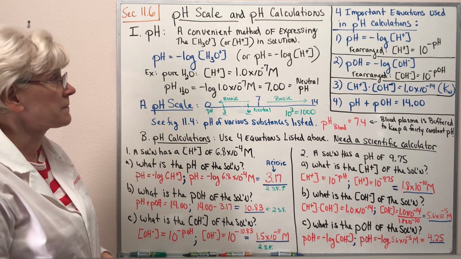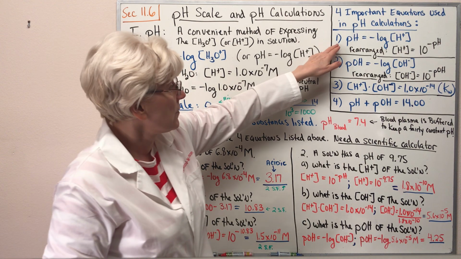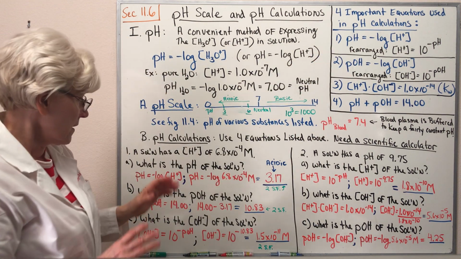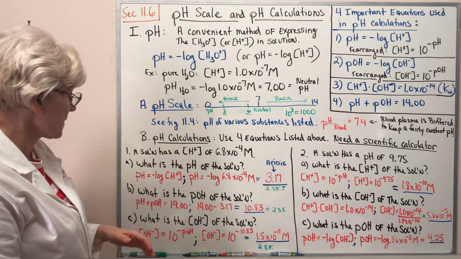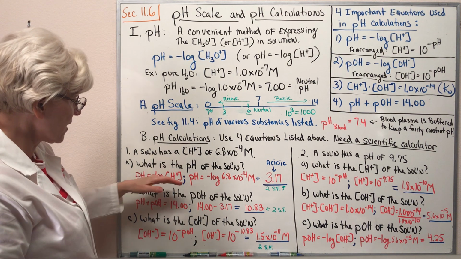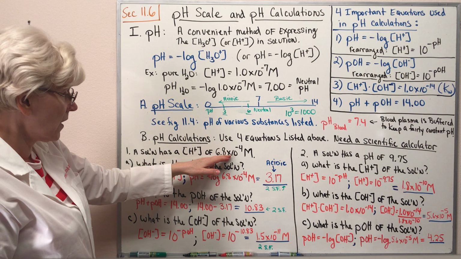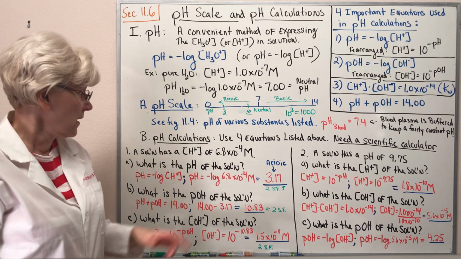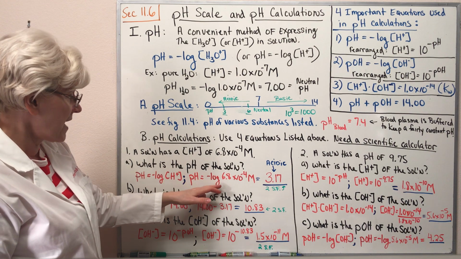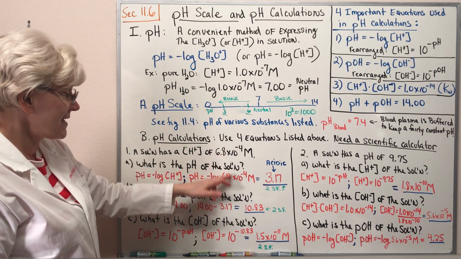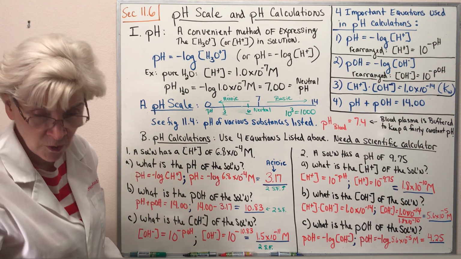First question. Equation number 1 would be very helpful for this part of the calculation. pH is the negative log of the hydrogen or hydronium ion concentration. All we need to do is plug in what the hydrogen ion concentration is. pH is the negative log of 6.8 times 10 to the minus 4 molar.